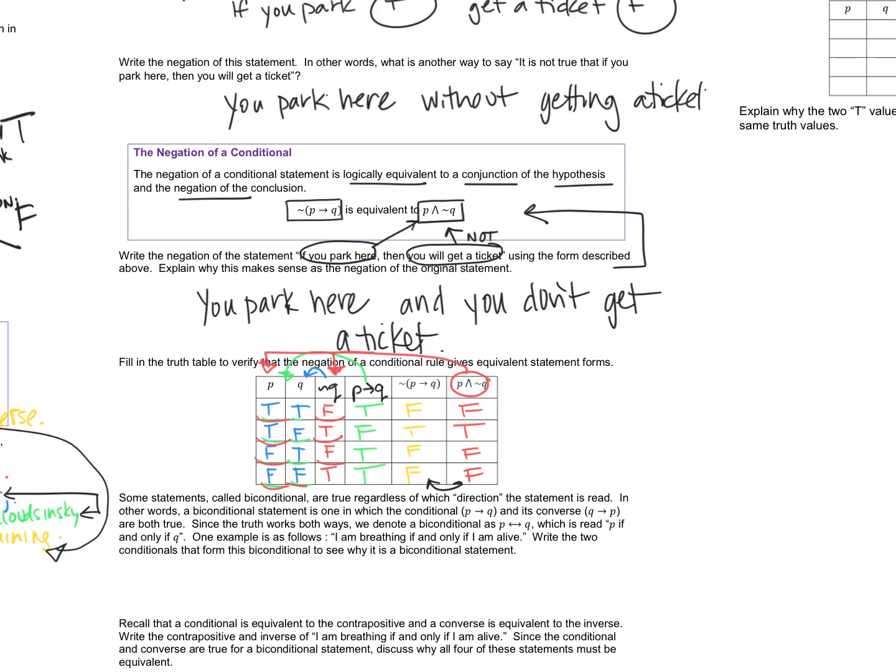Again, you can see that the only time we have that true happening is when we did park and we did not get a ticket. All the other times it's false.